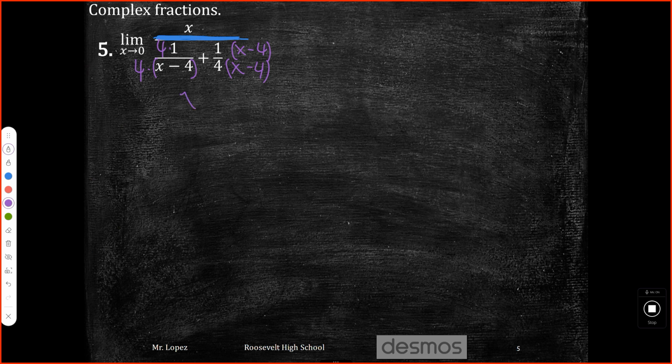So we're going to have x over 4 plus x minus 4. You can put parentheses around that for right now. At the bottom you would have 4 times x minus 4.